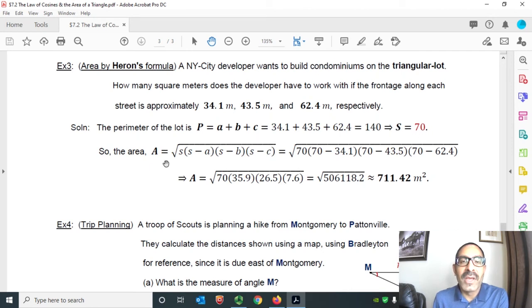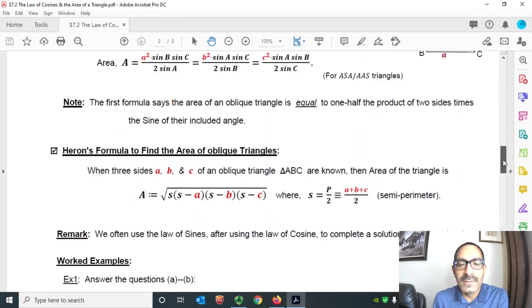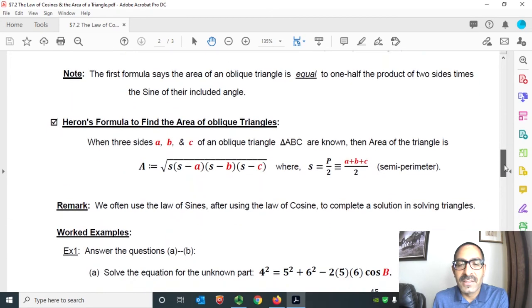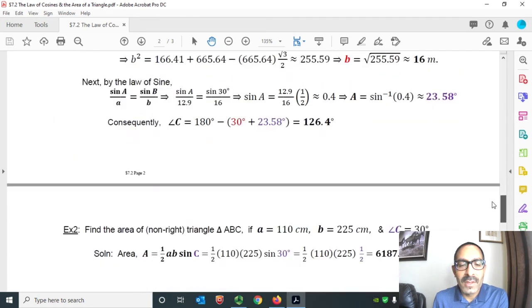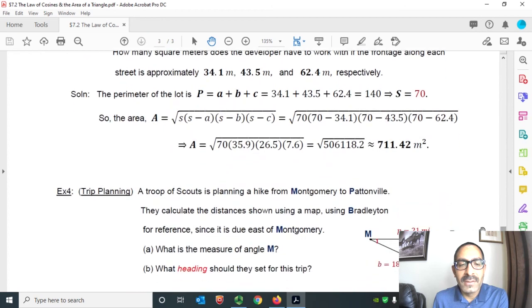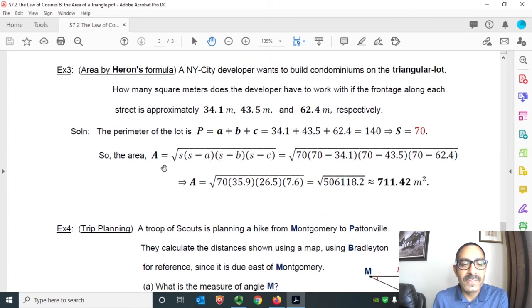Then we have the formula here. Let me show you the formula again here. That's the formula. S is the semi-perimeter and the area formula is here, which is under the radical, this term here. So let me scroll down. So here, area equals, under the radical, S times (S minus A) times (S minus B) times (S minus C).